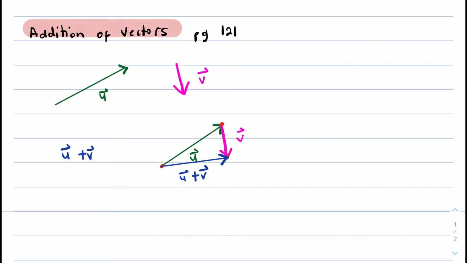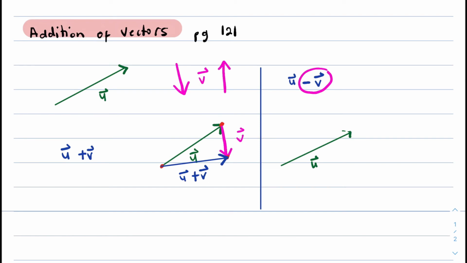Okay, now let's look at another one. If we have U minus V, now positive U, so you have the same direction of positive U. Now this is vector U. Vector V, instead of positive, you have a negative, so opposite direction.